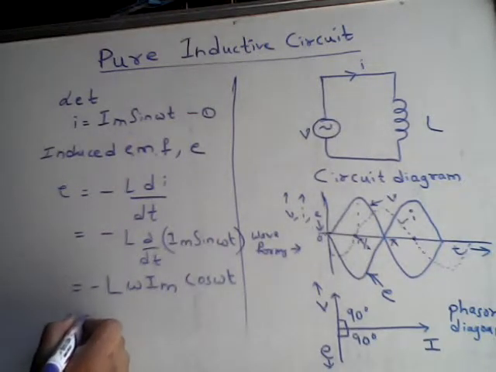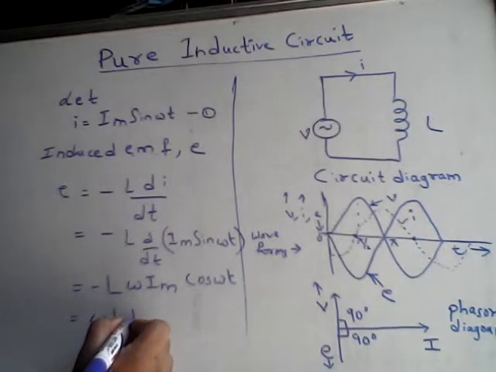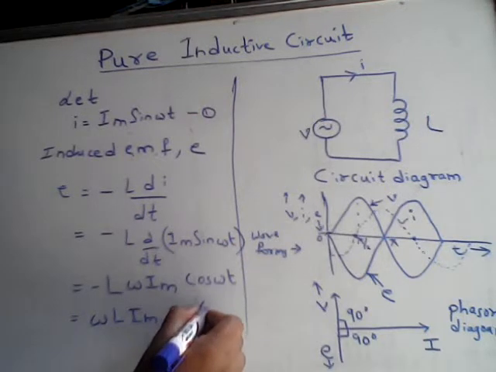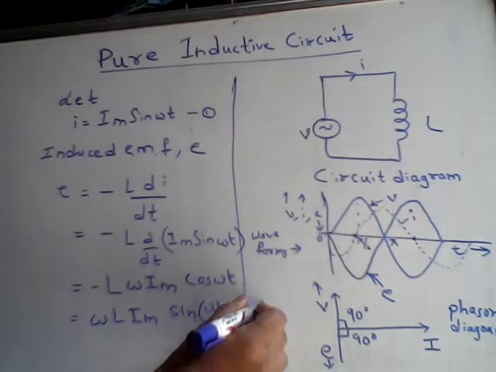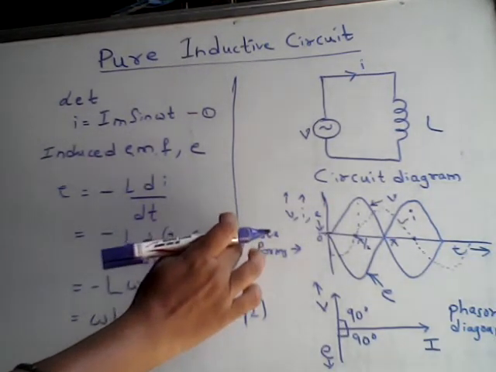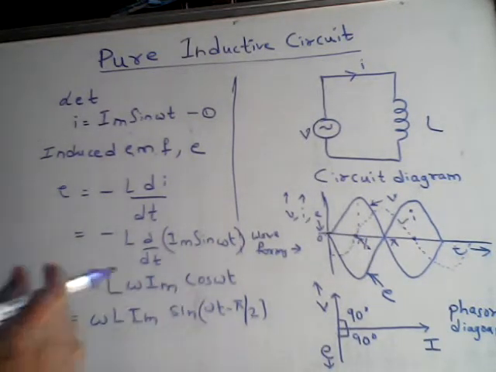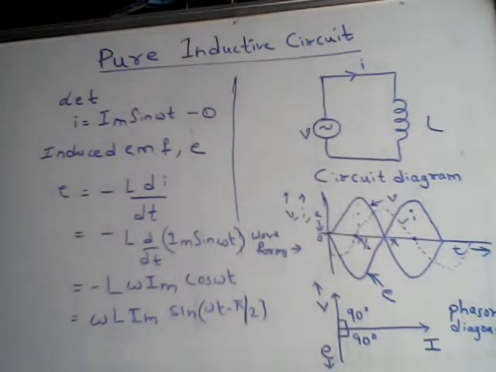So this will be equal to minus omega L Im cos omega t, and minus cos omega t is taken as sin of omega t minus pi by 2.